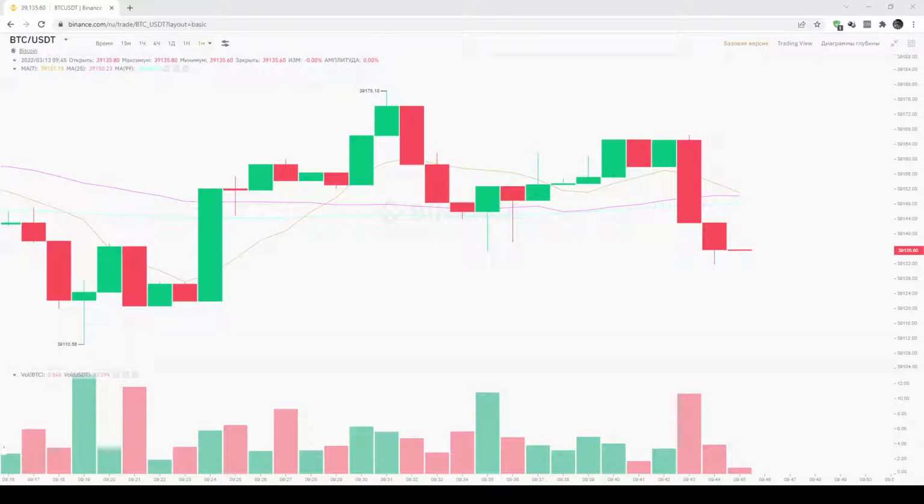These are the rally-base-rally and drop-base-drop structures. The last method is looking for gaps, either up or down. There has been a sudden change in the balance of supply and demand. The price where the gap started from is very likely to be a strong supply or demand zone.